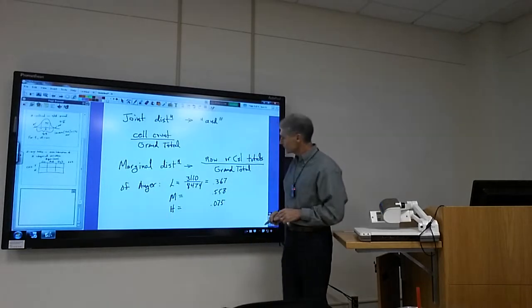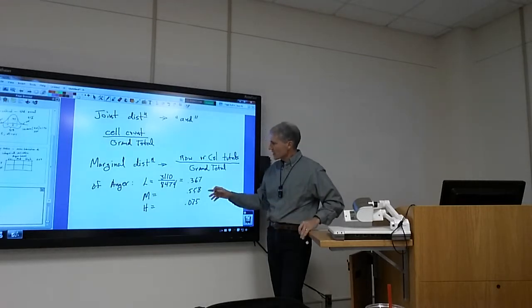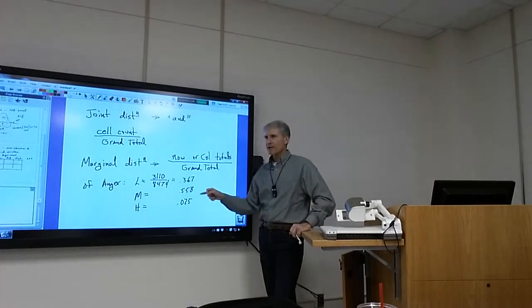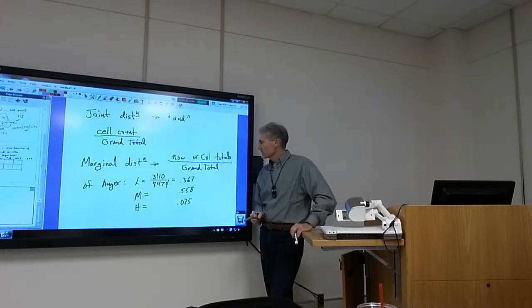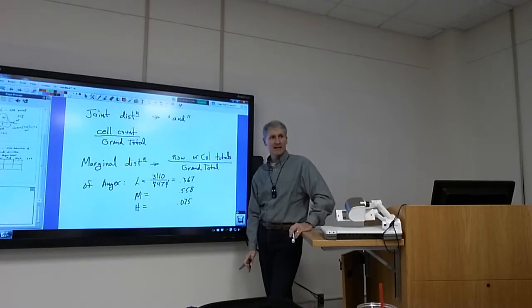And high is 0.075. So you can see that more than half of our sample were in the moderate range, a little more than a third were in the low range, and a very small percentage were in the high anger category.